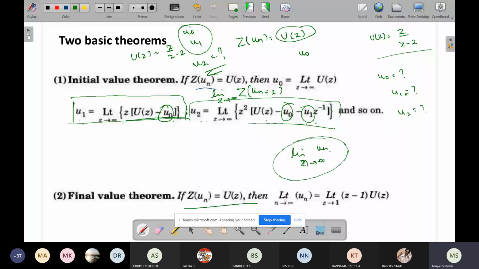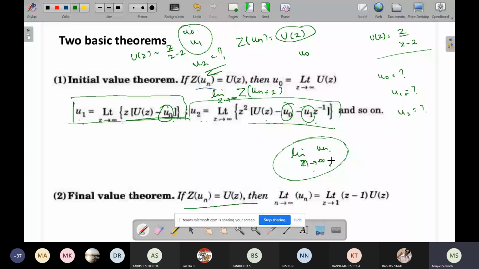How does it behave as n tends to infinity? You can find the limit when n tends to infinity. You can find this behavior of the sequence u_n, and how? You can find it using the Z transform.